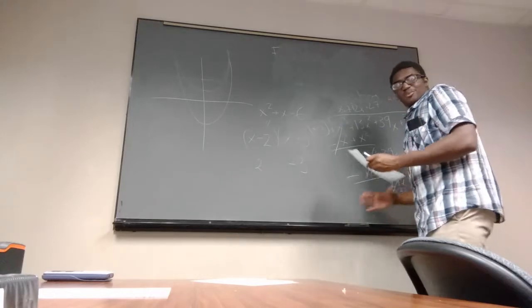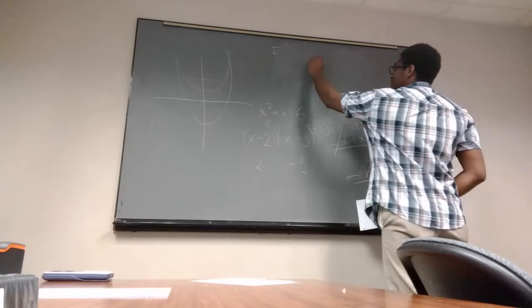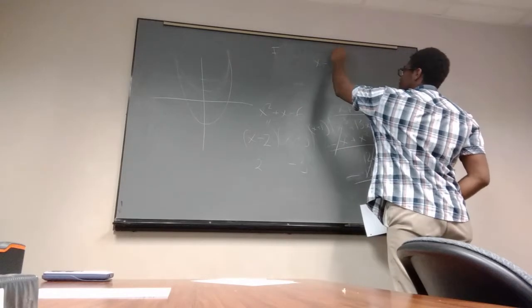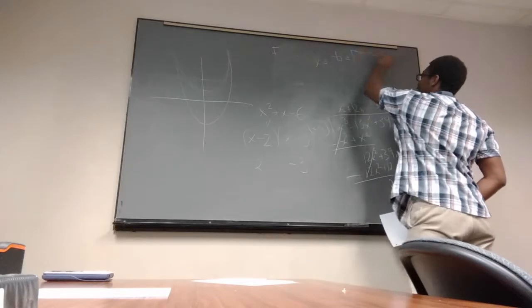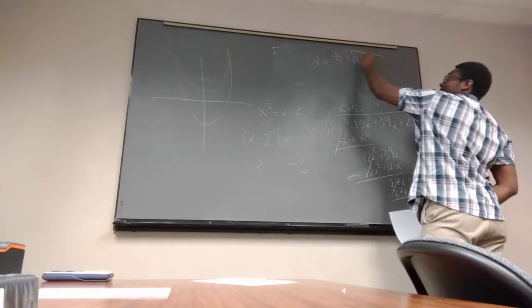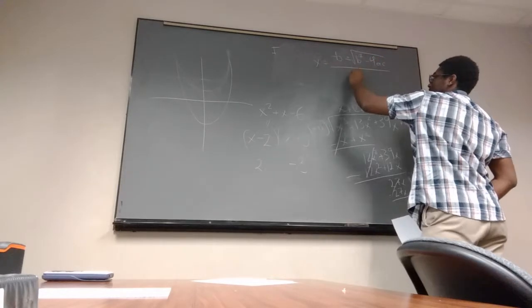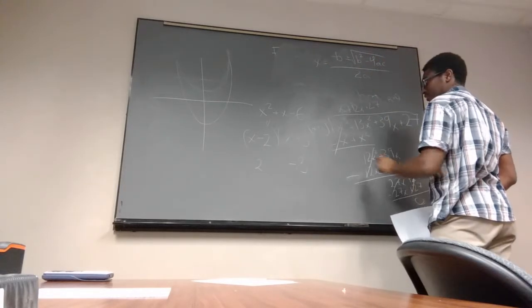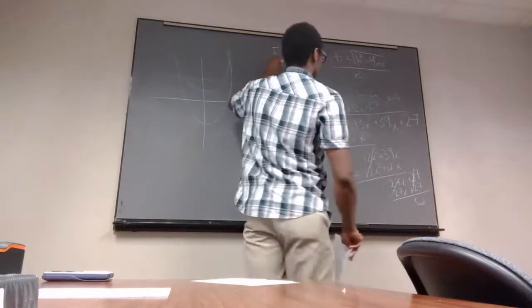Do you guys remember what the quadratic formula is? Okay. Negative b plus or minus the square root of b squared minus 4ac, over 2a. What is our a? A is 1. I'm just going to plug that in here.